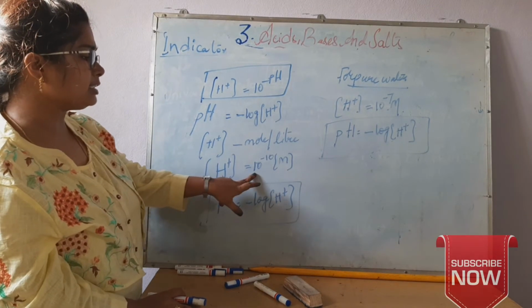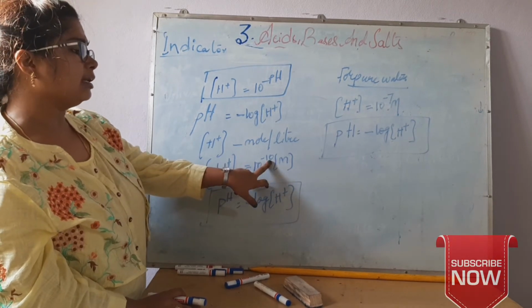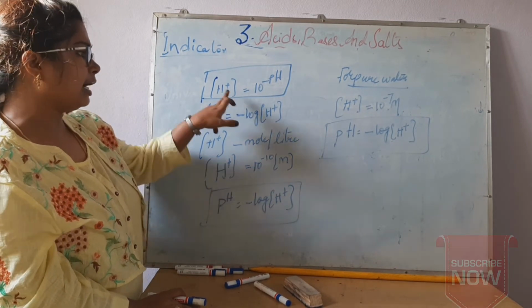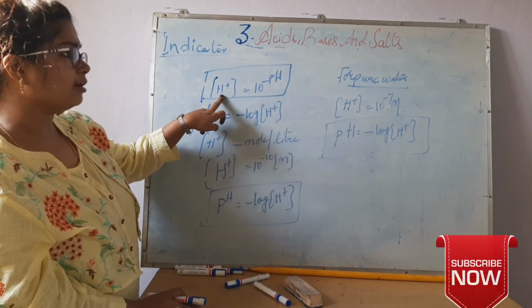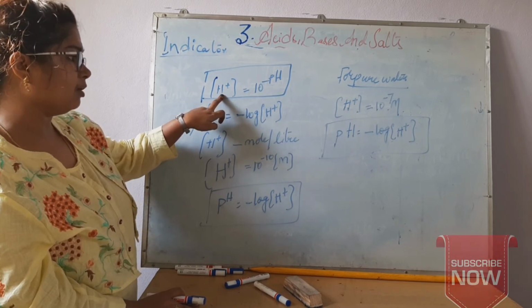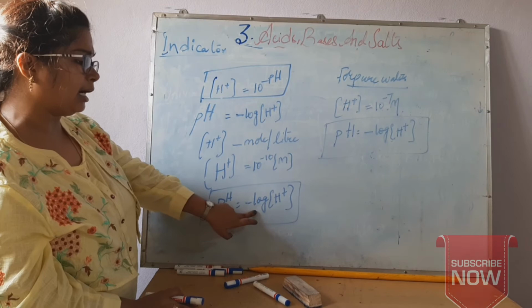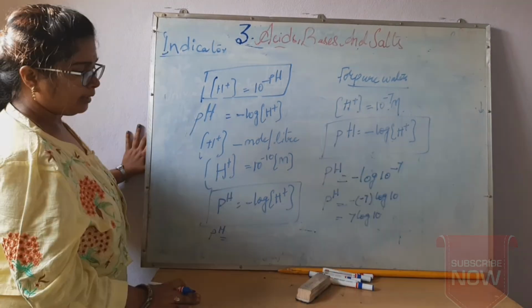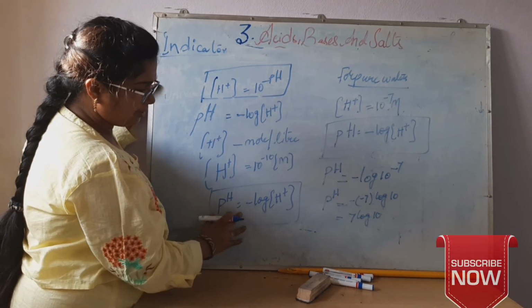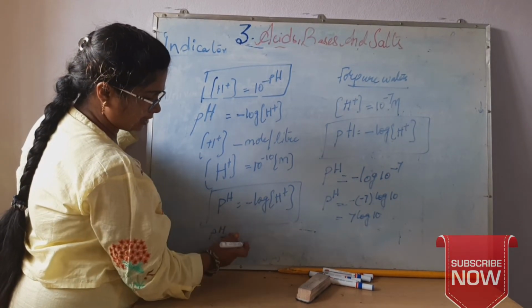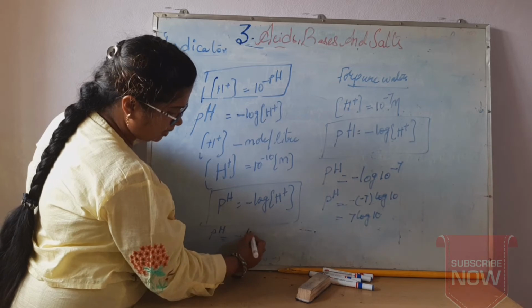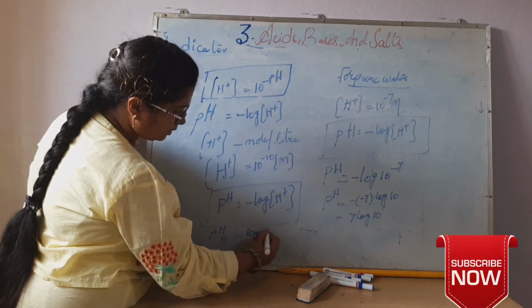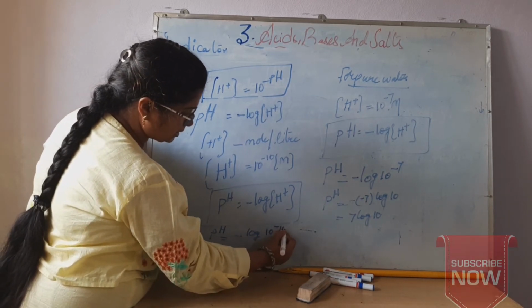So H plus is 10 power minus 10. Suppose it is minus 10. H plus, how much concentration is there? For the H plus, 10 power minus 10. What is the formula? pH is equal to minus log H plus. Then substitute in this. pH is equal to minus log of 10 to the power of minus 10.